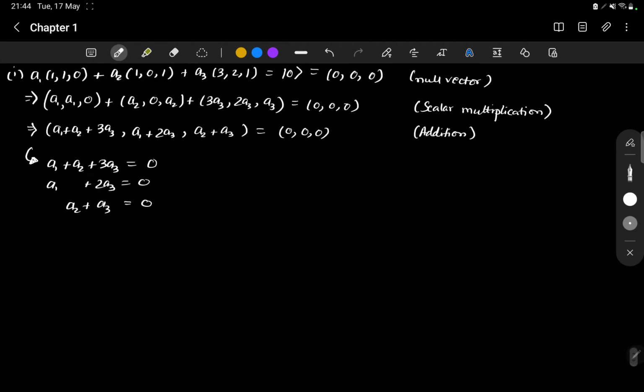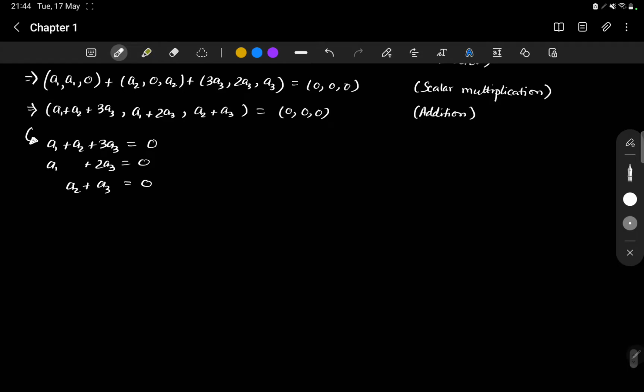How do we solve them? We will use the matrix method. This is a system of 3 linear equations in 3 variables, and we will solve them using the matrix method.